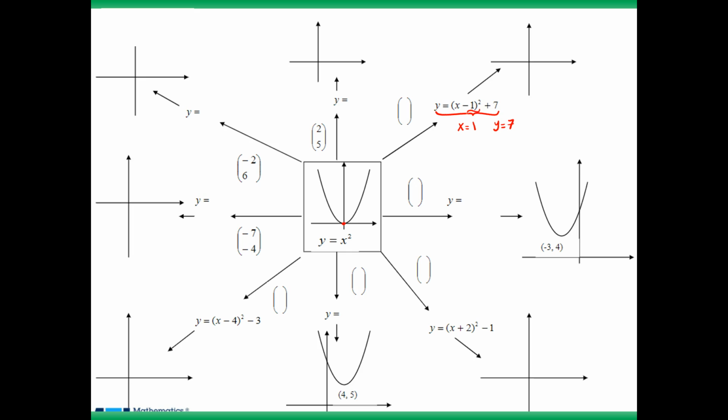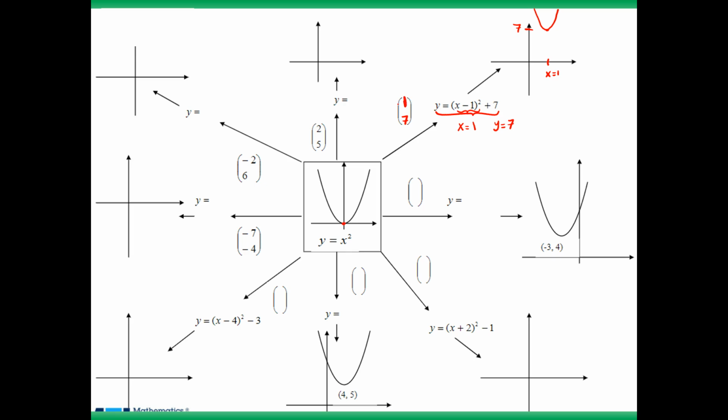Now do you see why this change inside the bracket will translate the graph 1 unit to the right and 7 units up? So the new turning point will be where the x value is 1 and the y value is 7. So this translation vector is (1, 7).